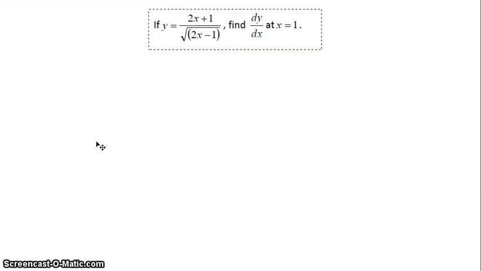Now, some people might be intrigued with the low d high minus high d low over low squared formula. So I will be stating a more formal way of saying the quotient rule.